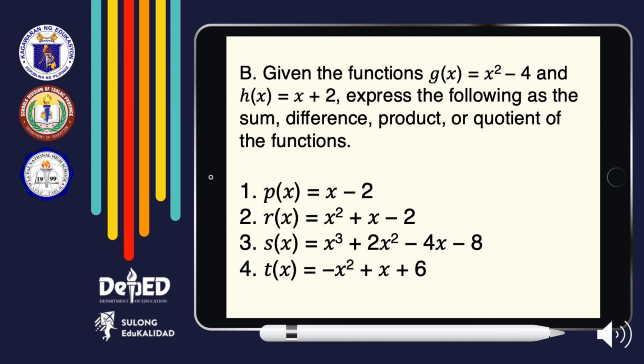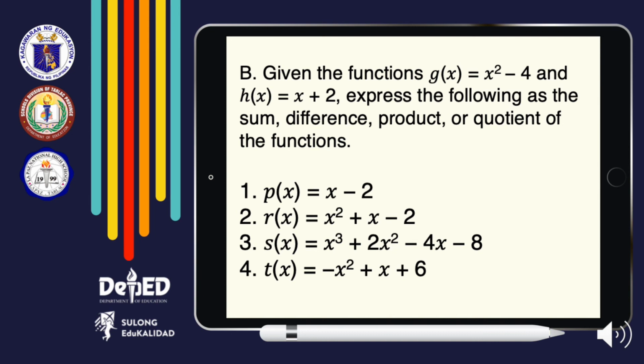Given the functions g of x is equal to x squared minus 4 and h of x is equal to x plus 2, express the following as the sum, difference, product, or quotient of the functions. Meaning to say, we are going to identify what operation has been used for each item number in order to get those results. And to do that, you have to express each of them as sum, difference, product, or quotient.